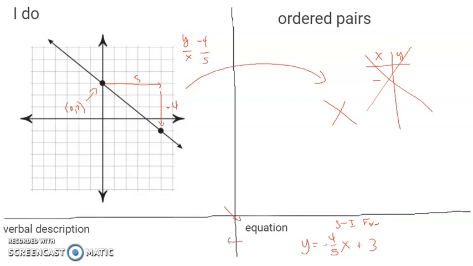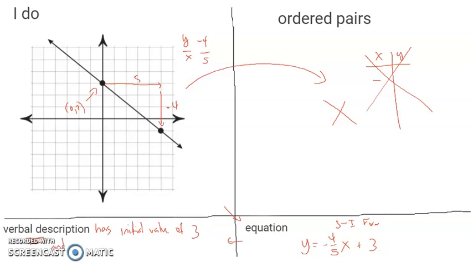Verbal description. We've also learned how to talk about what the slope and the y-intercept mean. So I would simply write it out that way. We usually say the equation or the relationship starts at or has an initial value of. I'll probably use that initial value language: has initial value of 3.